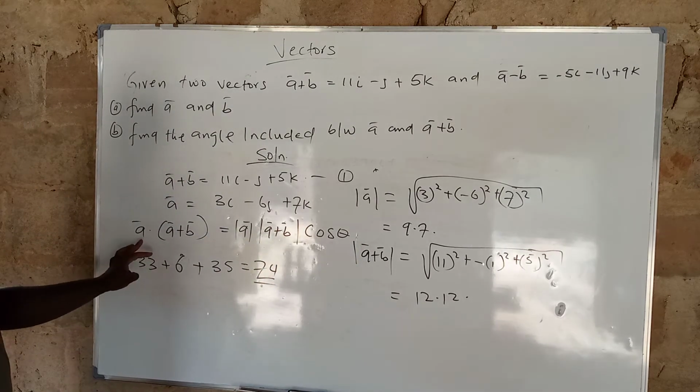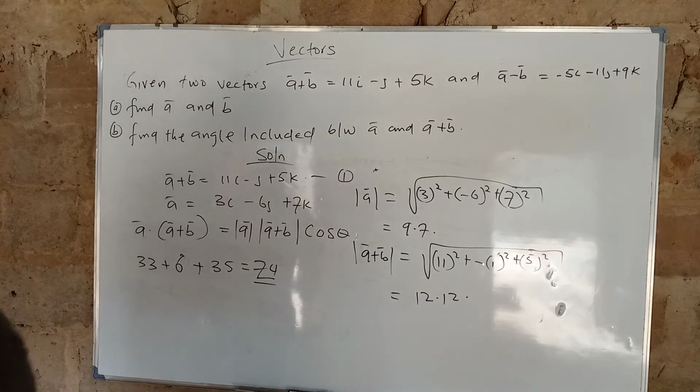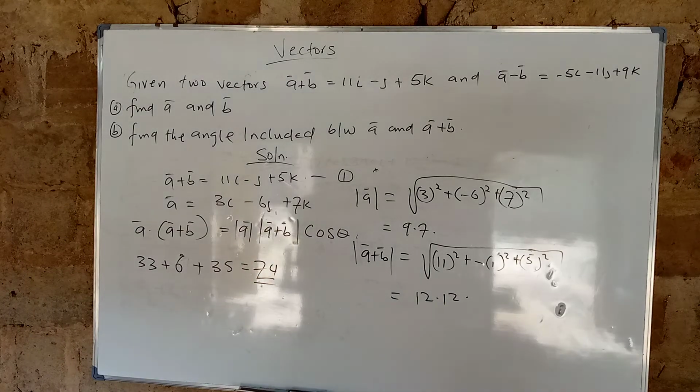Now, if you have gotten the magnitude of A and the magnitude of A plus B, and you have gotten the dot product, which is 74, we can simply input it into the above formula and get your answer immediately. Remember, what we are trying to get is the angle theta.